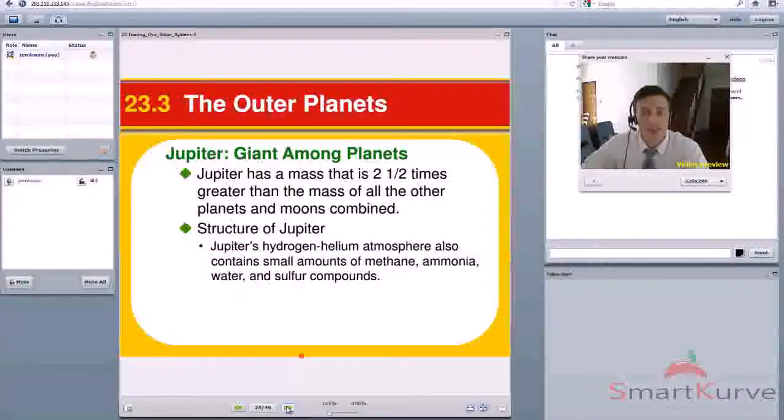We're not 100% sure, but what we think is that in addition to the hydrogen and the helium, this atmosphere of Jupiter contains these other compounds like methane, ammonia, ice, also sulfur and phosphorus compounds.